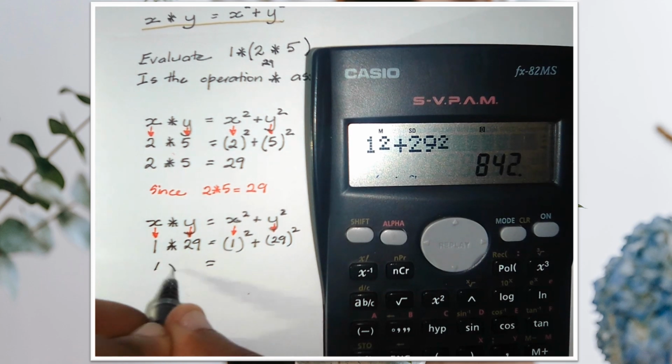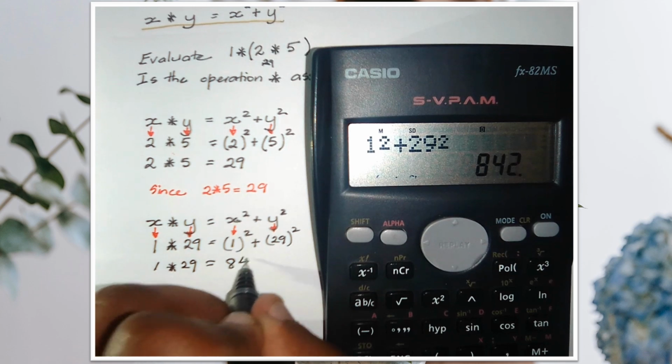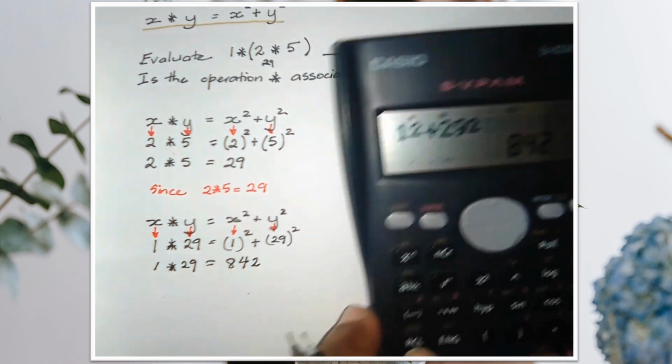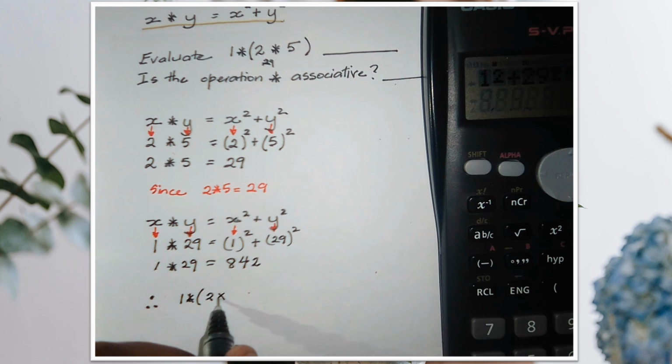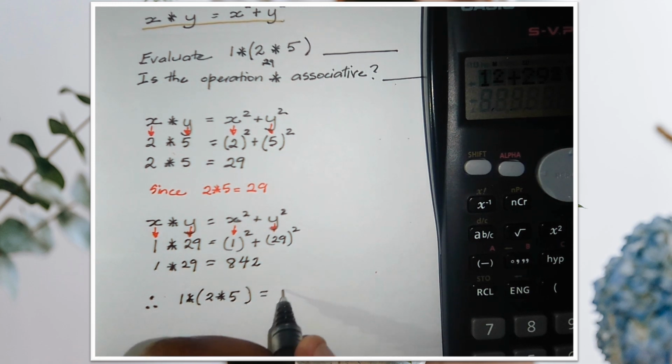So 1 star 29 is equal to 842. Therefore, 1 star (2 star 5), and remember these are in brackets, is equal to 842.